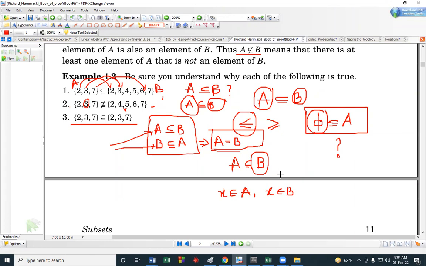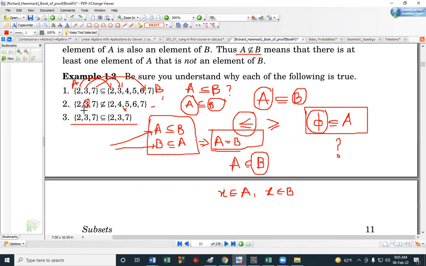Now my question is, when a set fails to be a subset of some other set? We said each element of set A is an element of B. So what would be the violation of this statement? There is some element in A that is not an element of B.